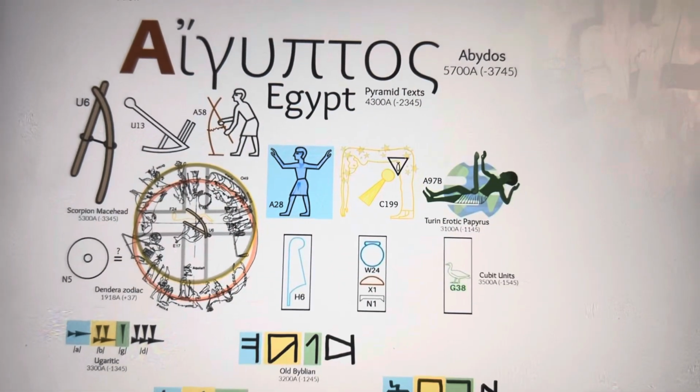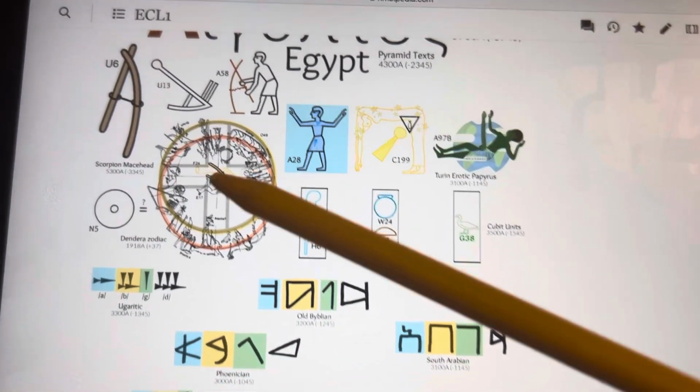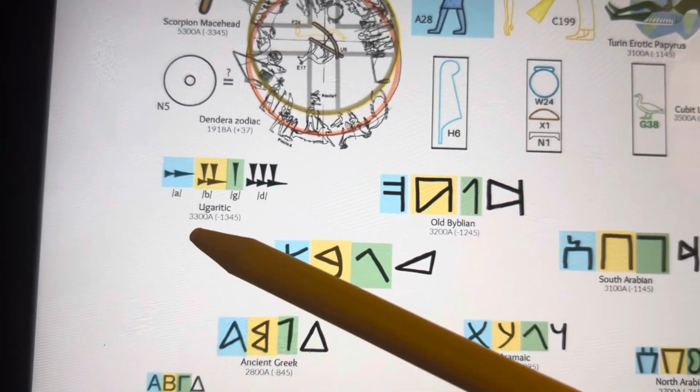Here we see the first 4 letters, A, B, G, D, written in the various languages.